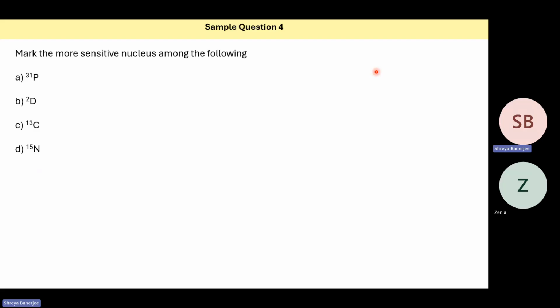The next question is asking, which is the more sensitive nucleus among the following given examples?